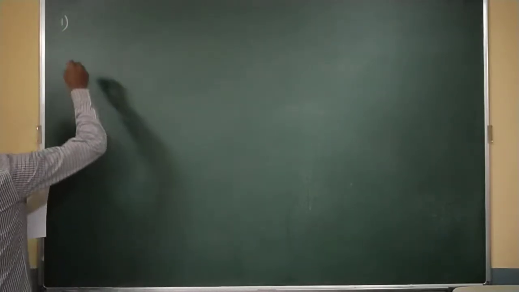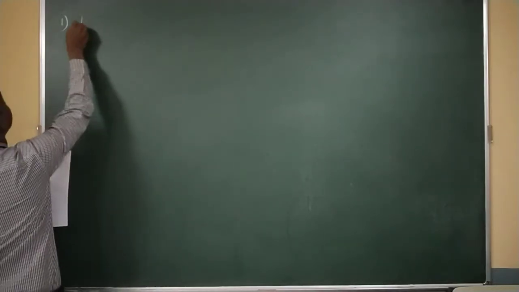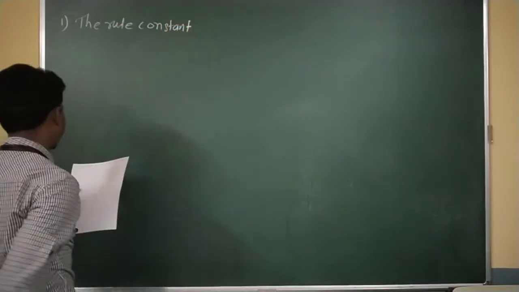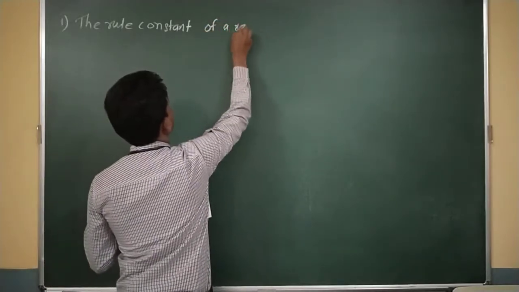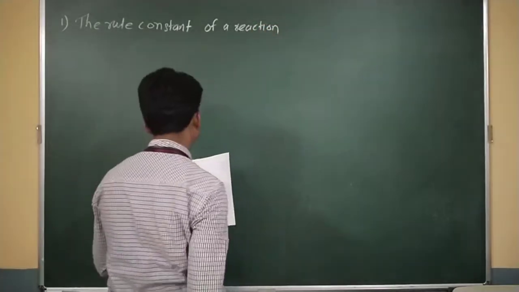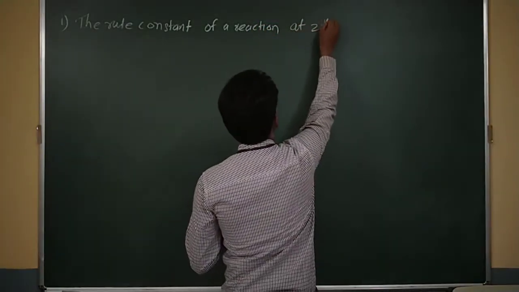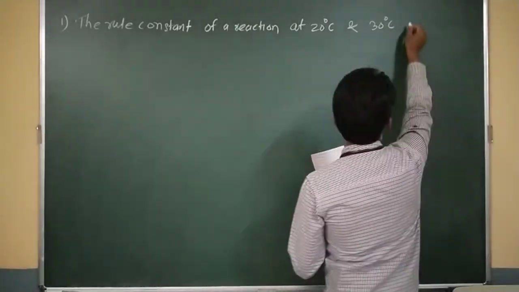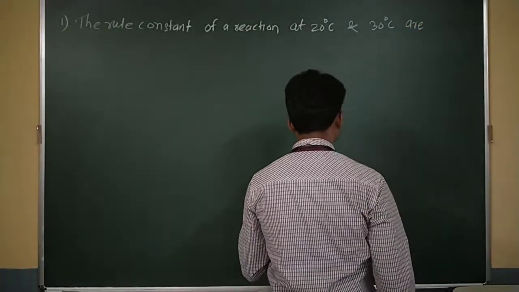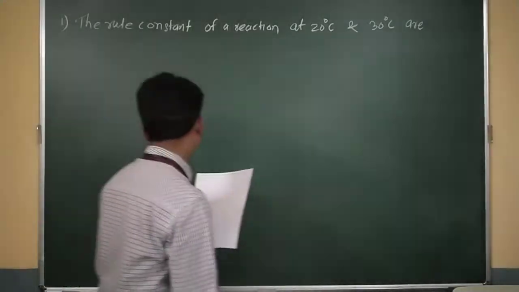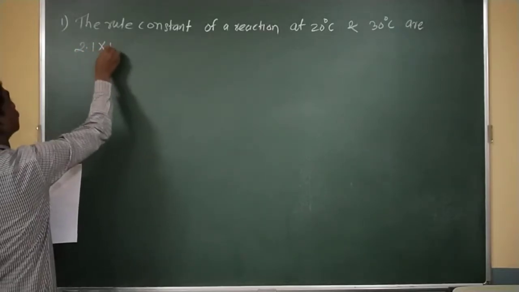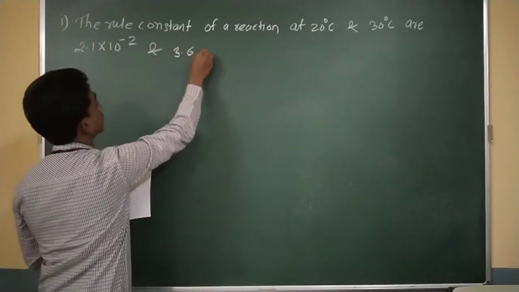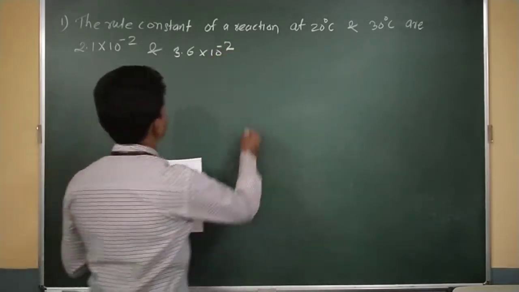Problem number one. Write down in your notebook: the rate constant of a reaction at 20 degrees Celsius and 30 degrees Celsius are 2.1 into 10 raised to minus 2 and 3.6 into 10 raised to minus 2 respectively.